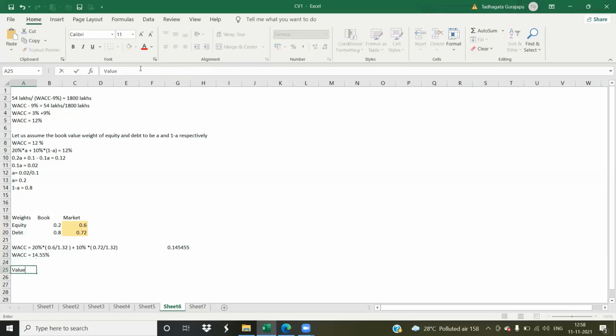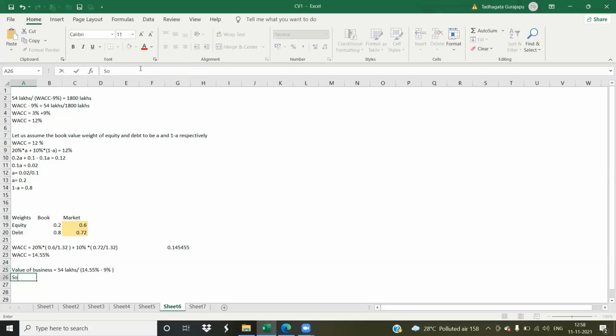So value of business is equal to 54 lakhs by 14.55% minus 9%.